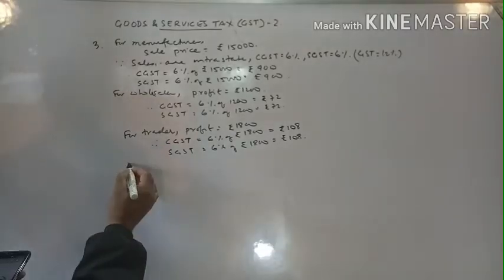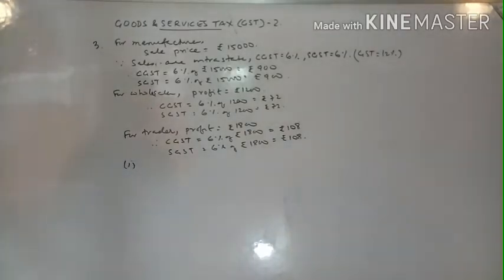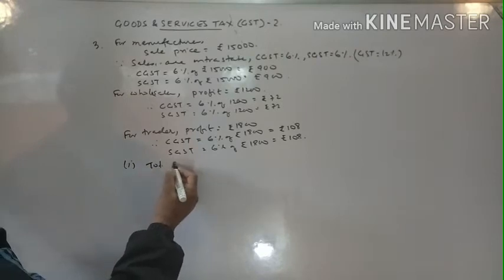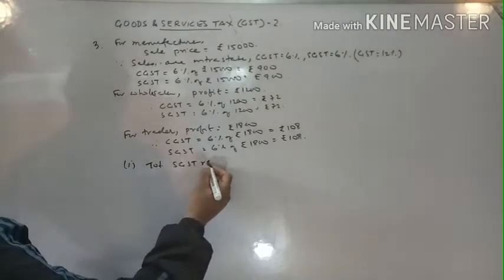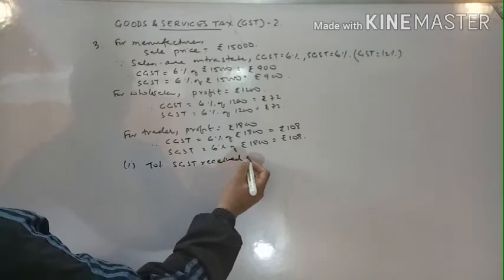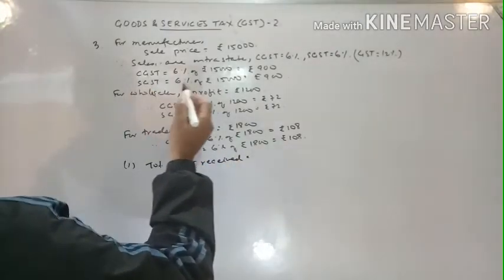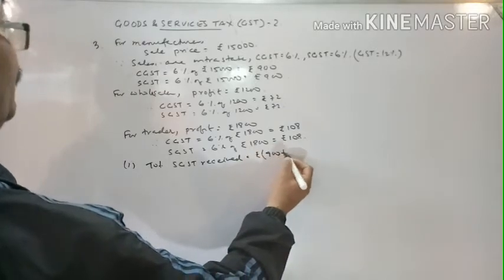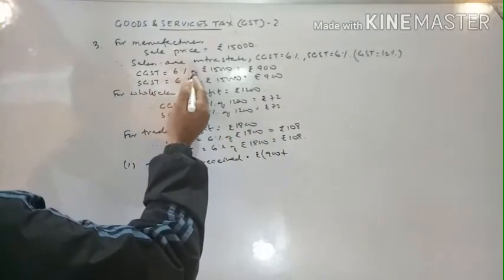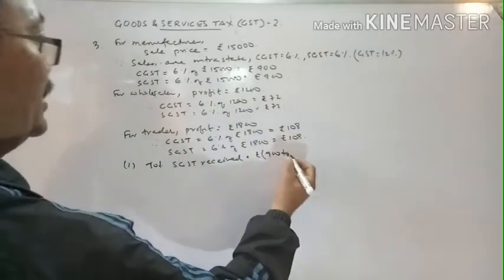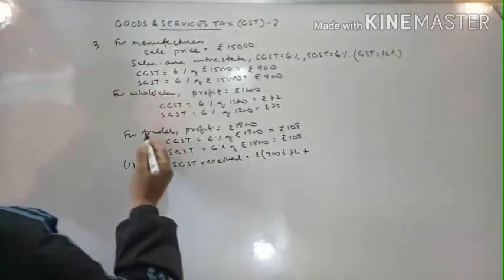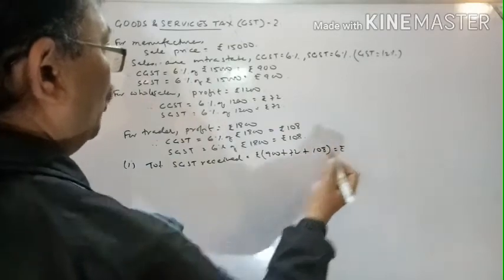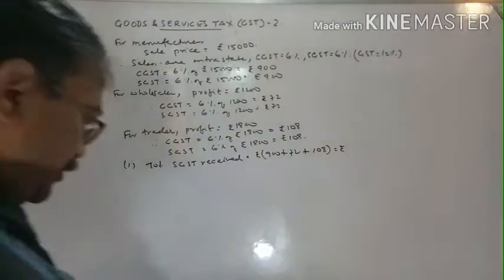Now the first answer. It says the amount of tax received by the state government. So total SGST received. Here SGST is 900 rupees, because this is paid by the manufacturer, plus the wholesaler pays rupees 72, plus the trader pays rupees 108. So this is the total SGST received.